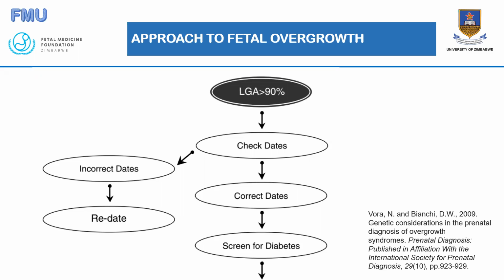So you order an oral glucose tolerance test, because diabetes is the disease to exclude, because it's the commonest of the pathological causes, right? Of the maternal causes, the commonest, after, of course, constitutional and wrong dates, is diabetes.